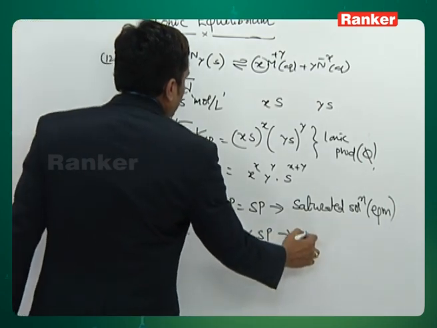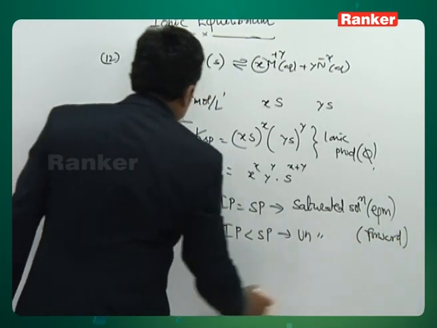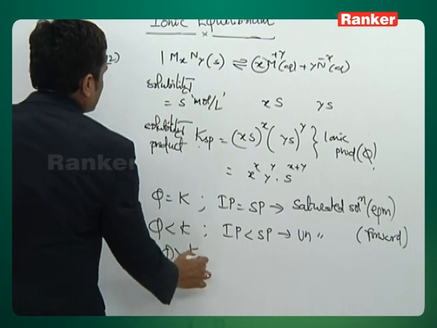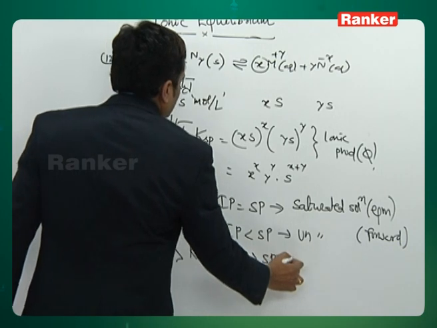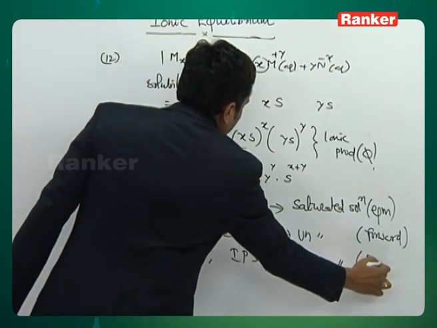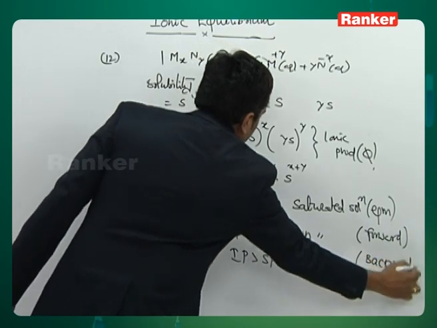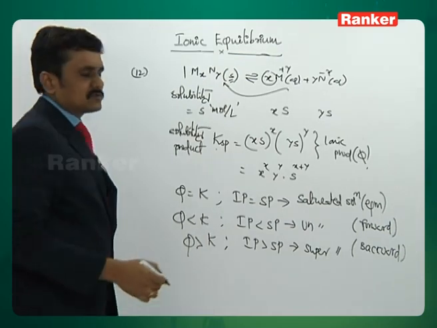That means it is unsaturated, or the reaction is still moving in the forward direction. And the third point is when you have exceeded the prescribed value, that means ionic product is greater than solubility product, you call this a supersaturated solution. That means we are moving in the backward reaction. So when I am carrying out the backward reaction, that means I am precipitating the given salt once again.